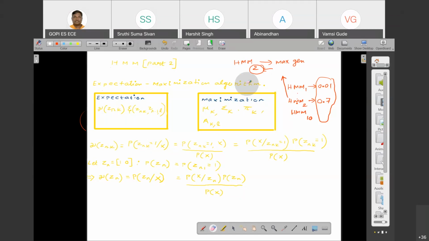For getting this model, we go for this expectation maximization algorithm.